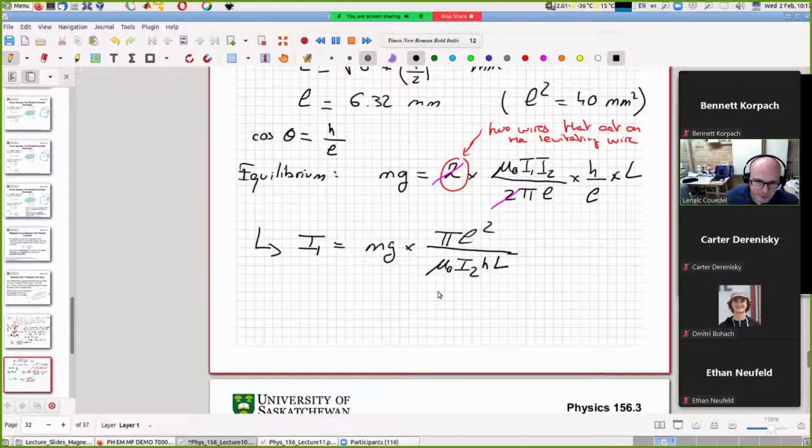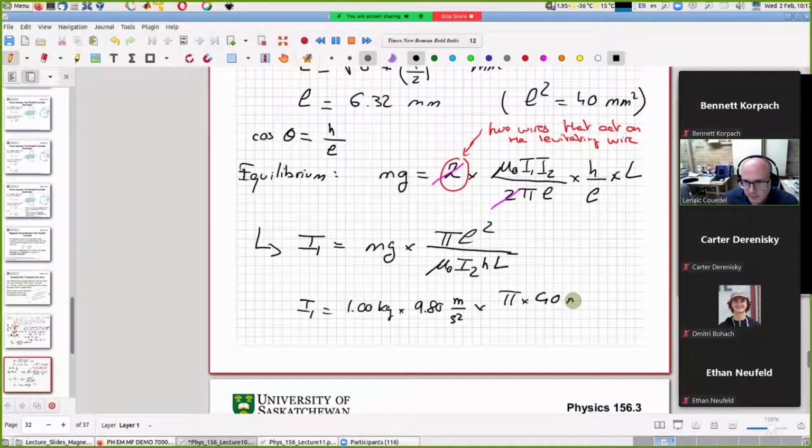So we have everything. So we have I1 is equal to 1.0 kilogram times 9.80 meter divided by second square times pi times 40 millimeters square. So that's why I gave it to you here, l square.